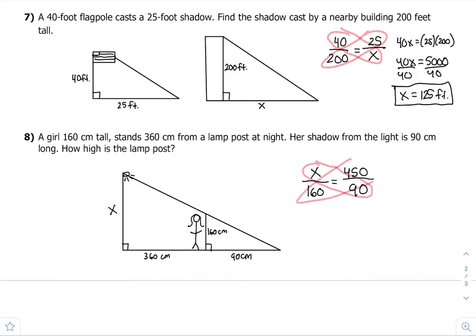So we cross multiply. 90 times x is 90x, and then we got 160 times 450, which is 72,000. Divide both by 90. So the height of the lamppost, you guys, is 800 centimeters.